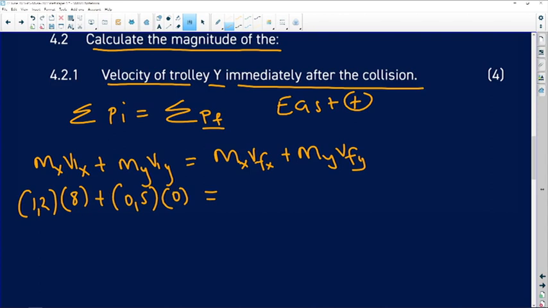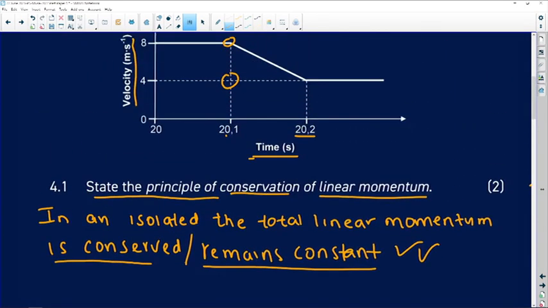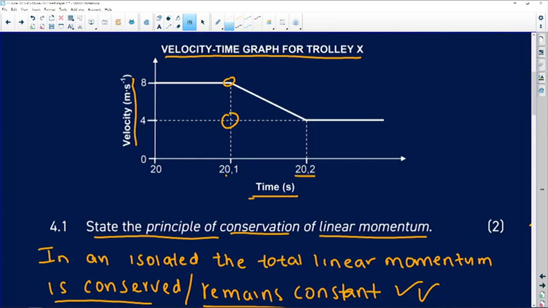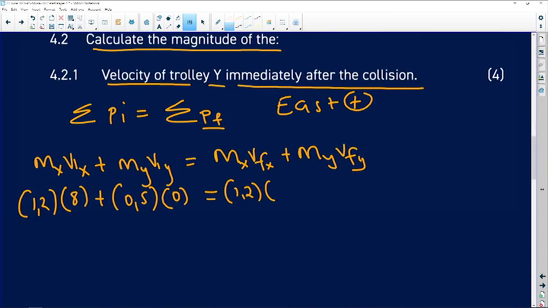Now mx did not change. The mass is still the same, we have 1,2, and therefore the velocity when it was colliding, we can look at the graph here. This is the velocity. We have 4 there in the same direction. So we can just put our 4 here.